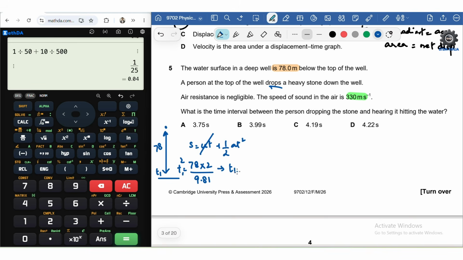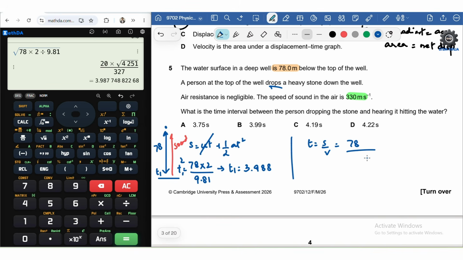So t1 would be the square root of 78 times 2 divided by 9.81, which is 3.988. Now we need the time for the sound to travel back up. Sound has a fairly constant velocity, so time is equal to s over v.